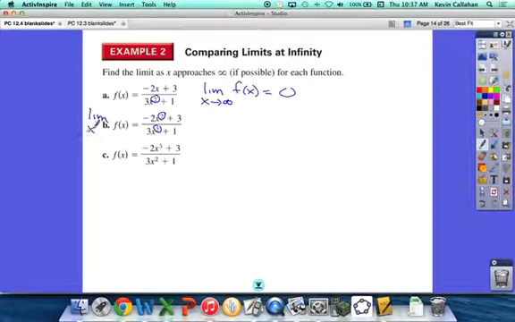The limit as x approaches infinity is negative 2 over 3. How about this one? The highest power is in the numerator, so no limit. Meaning it's going to veer off. In this case, it's going to be negative, so it'll veer off towards negative infinity.